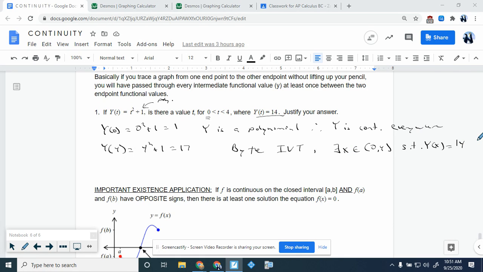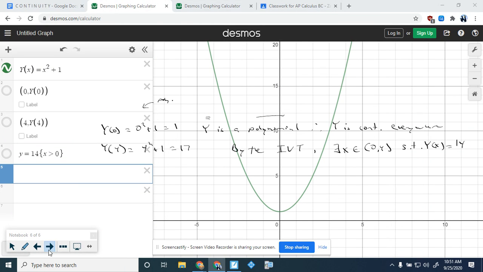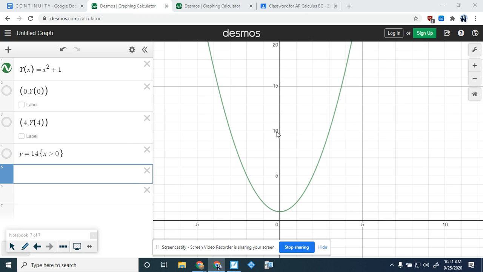Let's look at the graph, and maybe it'll make more sense. Here's just a parabola, y equals x squared plus 1, same thing as t squared plus 1, just with a t-axis instead of an x-axis. Notice what I did. I know the interval is open, but I looked at the functional values at the endpoints of my interval 0 to 4.